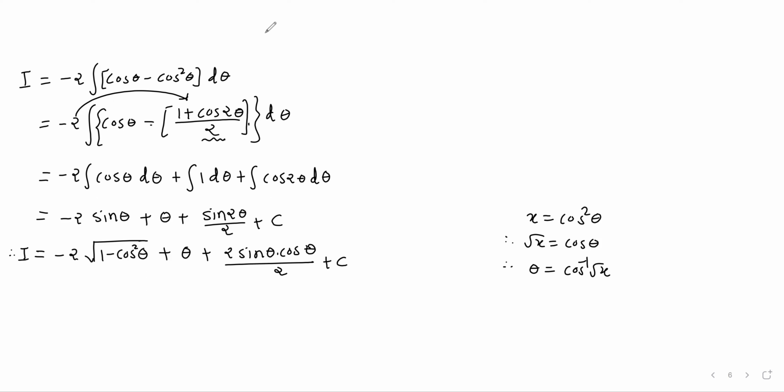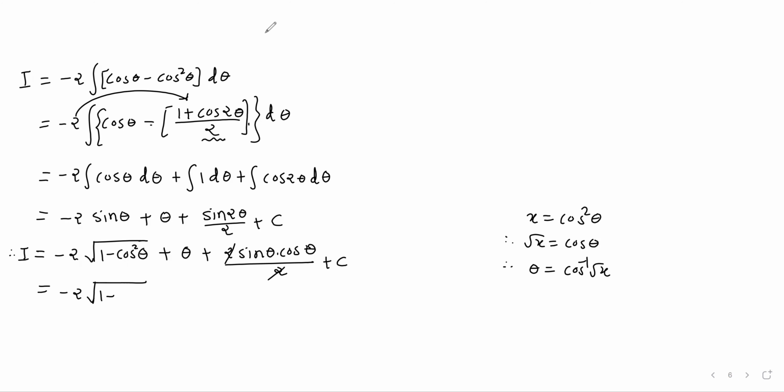Clear all of you, please reply. This step is clear, all of you. I get only one reply. Okay. I is equal to minus 2. Now substitute. 2 gets cancelled.